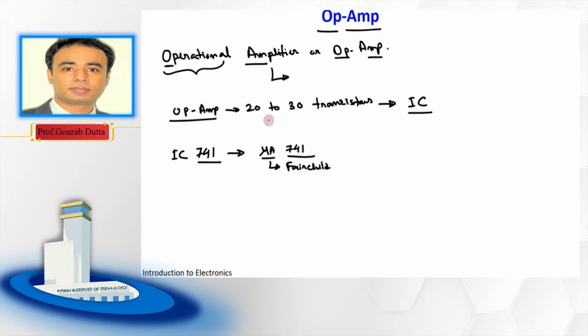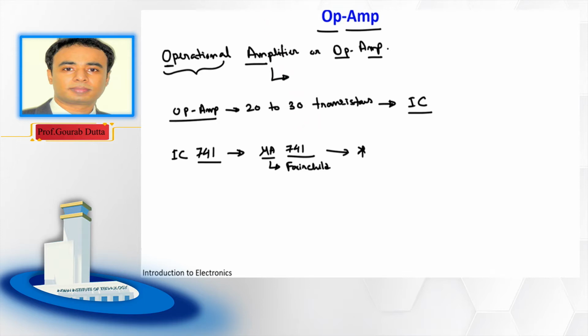In this IC, generally 20 to 30 transistors are there, right? And this 741 IC is very popular. Still today it is being used for implementing different circuits.